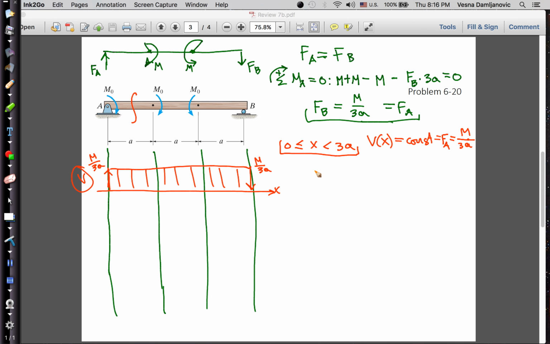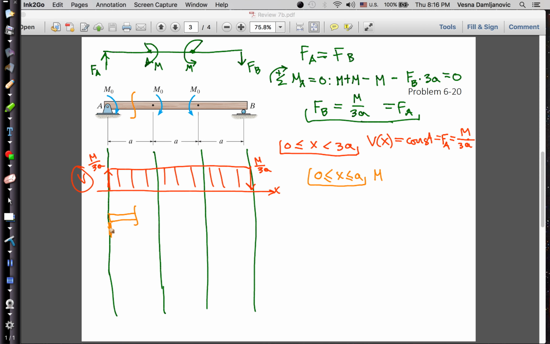So now we're going to do from 0 to X to A. That's our first one. And the moments will be, what do we have? We have a force FA. I'm going to draw. So this is the first one. Never forget.